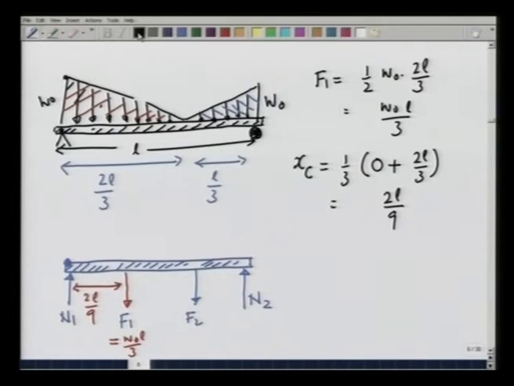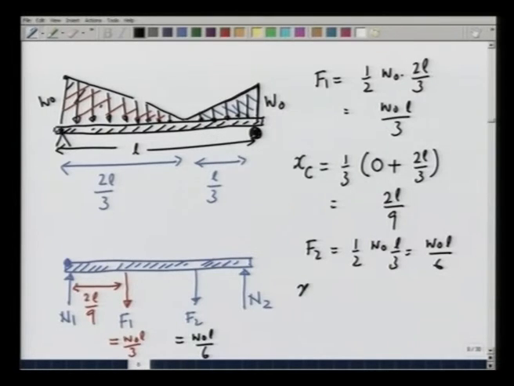Similarly, for the other triangle, the force F 2 is going to be the area of that triangle, which is going to be 1/2 W naught L by 3, which is W naught L by 6. So, this force is equal to W naught L by 6, and it acts at the centroid of the right hand triangle.